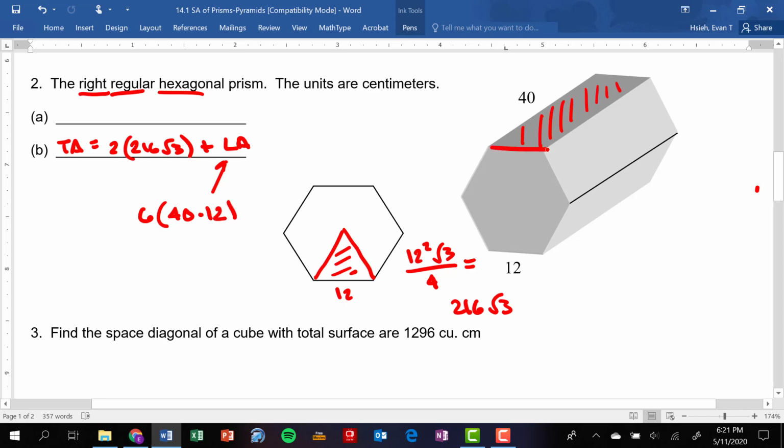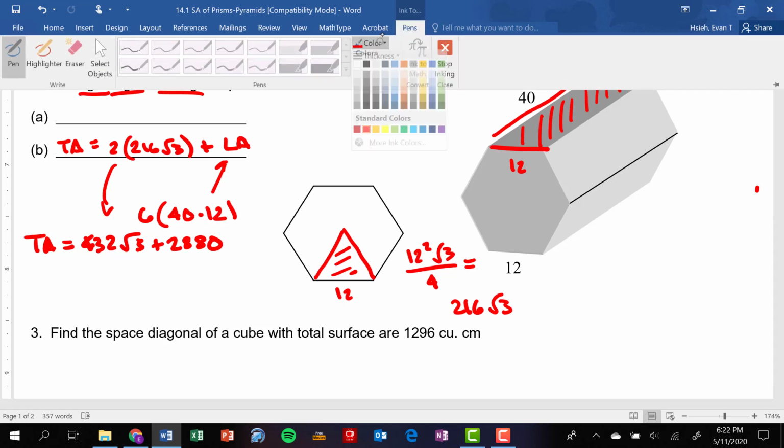Because each of these are 12, and this length going along this way is 40. And so I think that's going to end up being 2880. And this part is going to be 432 root 3. And so together, that gives you the total surface area for that.